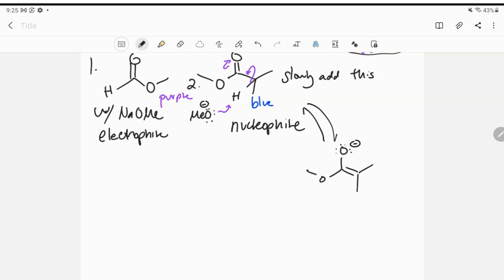All right, so we have our nucleophile now. It's going to go ahead and find its electrophile friend. Those come down. The enolate then attacks, opens that up.